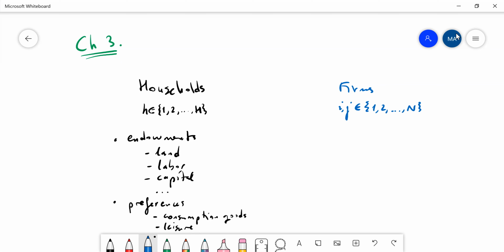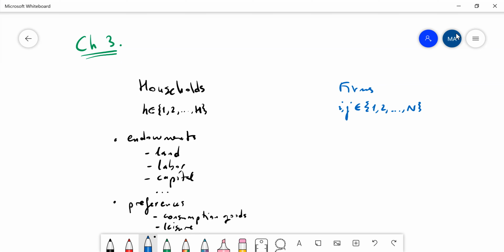These endowments would be like land, labor, capital, and stuff like this. And they're going to have preferences for consumption goods, and if they use these primary factors for themselves, preferences for these as well.